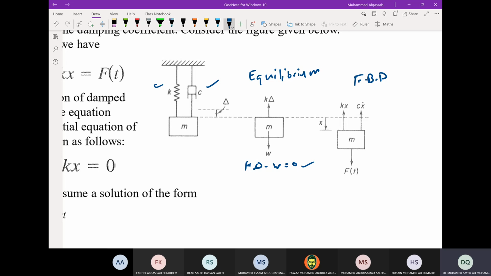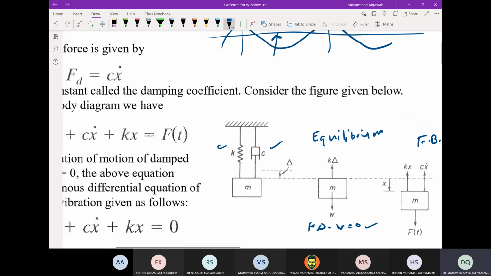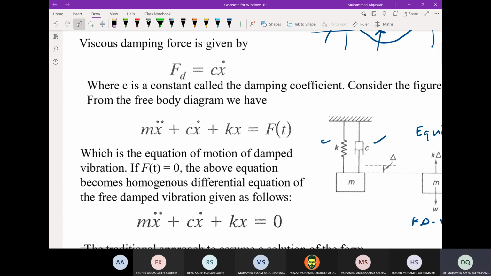So Kx is the spring force from Hooke's law, and Cx dot is the force of the damper. The relation is linear, as I said, and C is the constant of proportionality, called the damping coefficient.